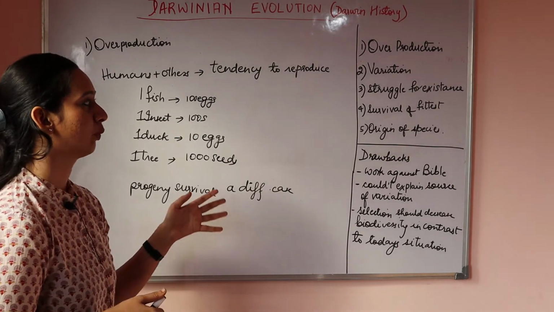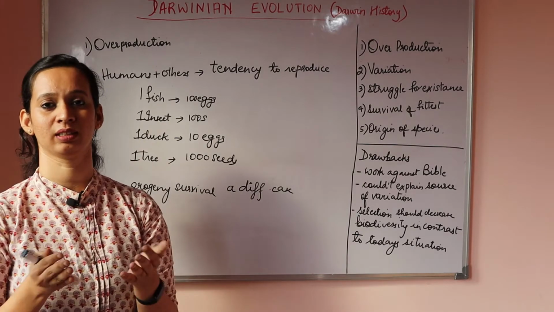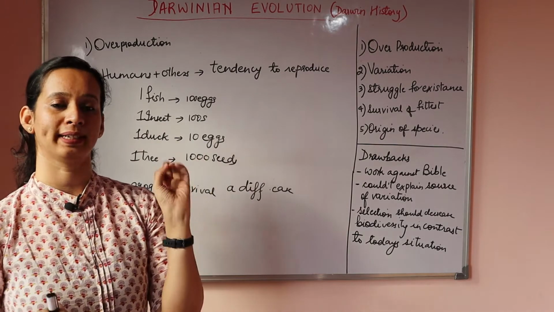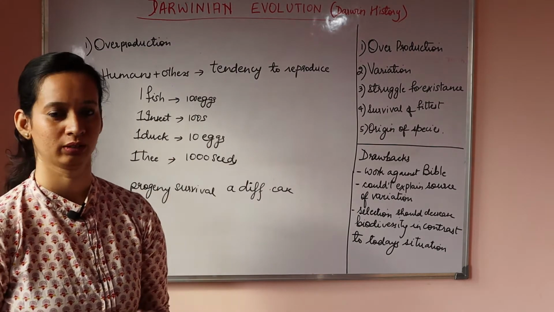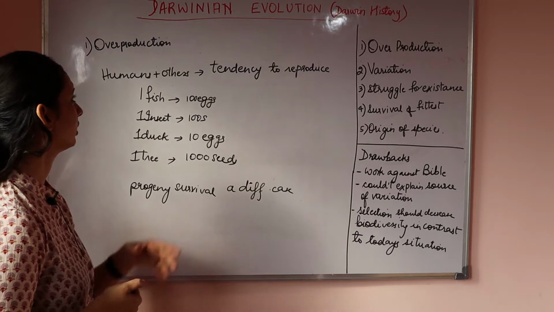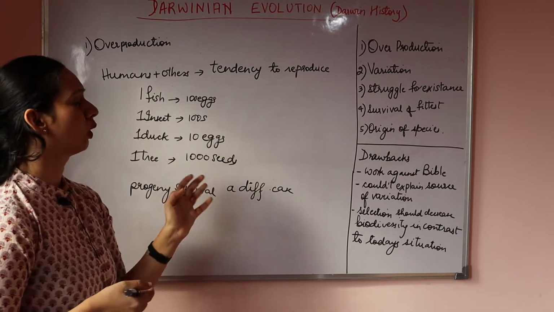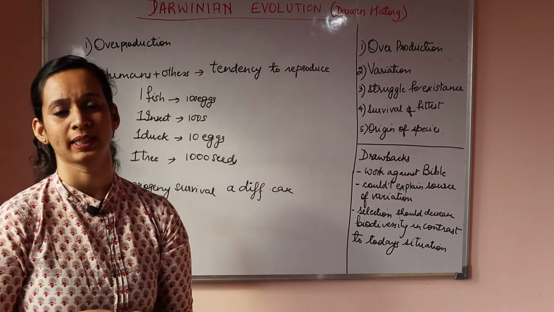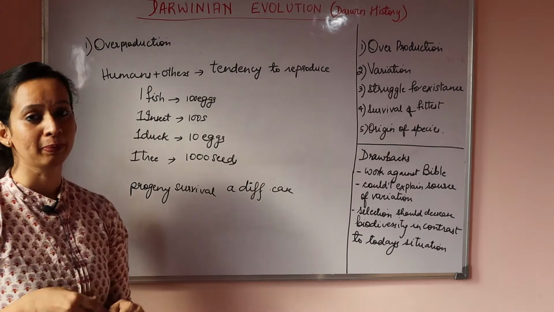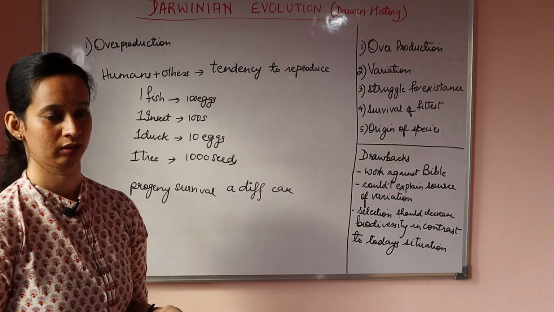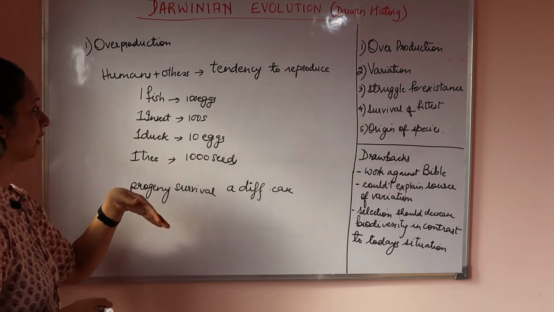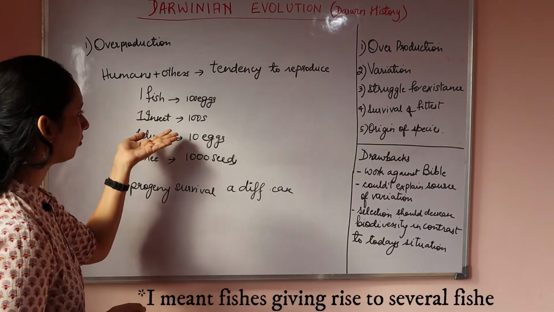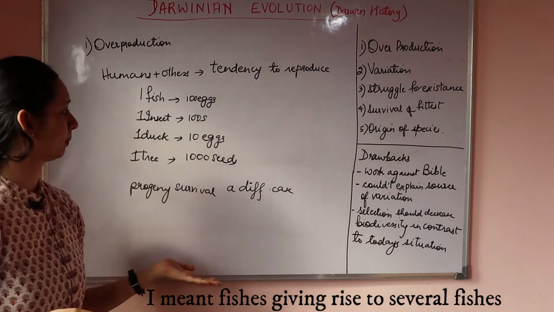We are not discussing whether it is good or bad, we are just discussing what exactly Darwin meant by overproduction. So in the first case, humans and all the other organisms have the tendency to reproduce and to overproduce. For example, one insect can give rise to several other offsprings.